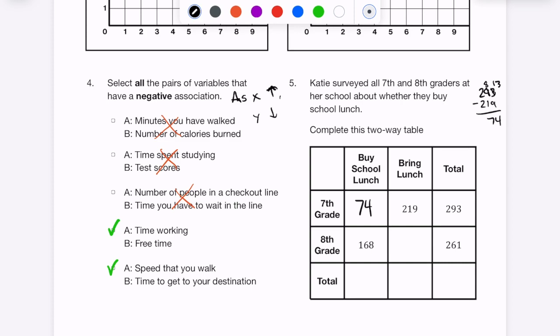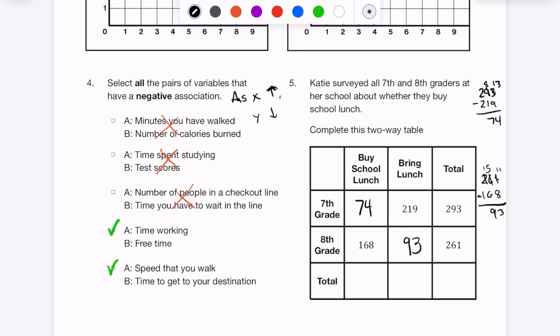Okay, we can do the same thing with the 8th graders. There's 261 total, and we know 168 of them buy a school lunch, so we can subtract that to figure out how many of them bring lunch, and that is going to be 93.